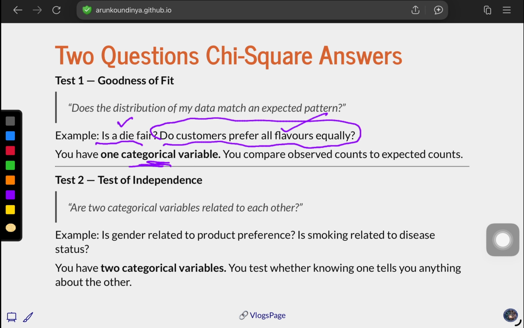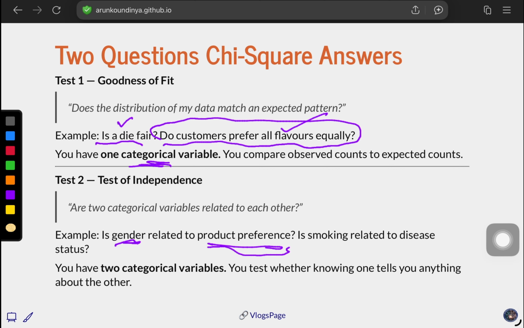And then the second test is like the two samples that we have seen. Here we want to compare, for example, gender and product preferences. What it means is, is there any difference in preferences with respect to gender, that one particular gender prefers one particular category and the other gender prefers another category.